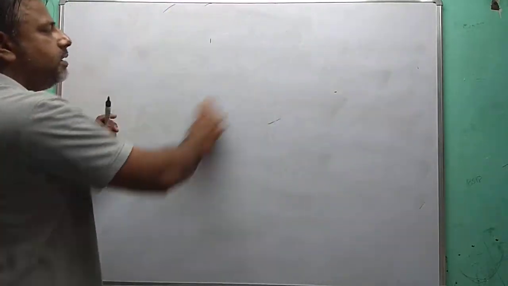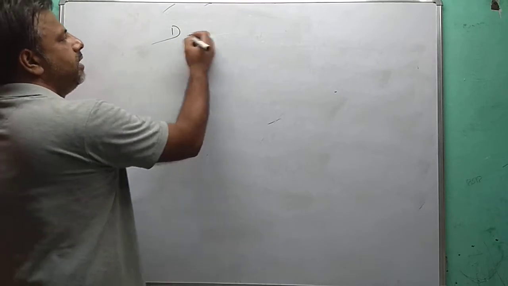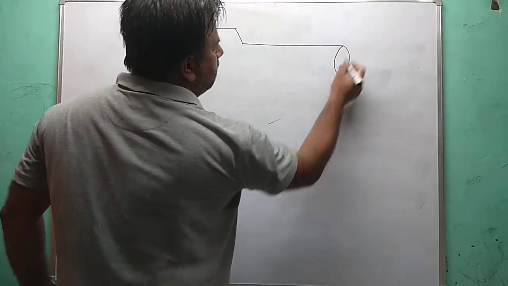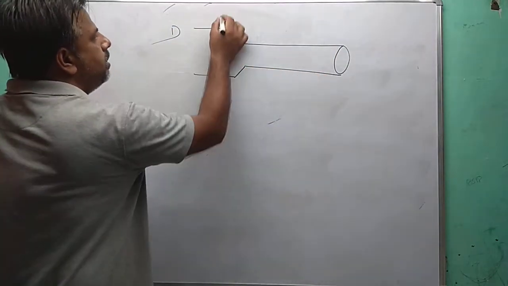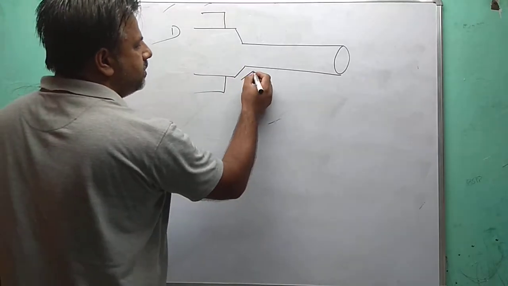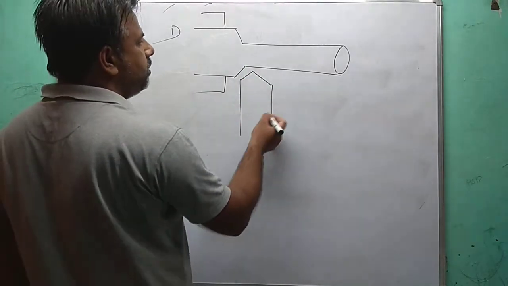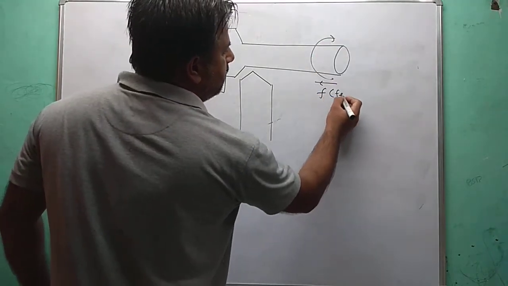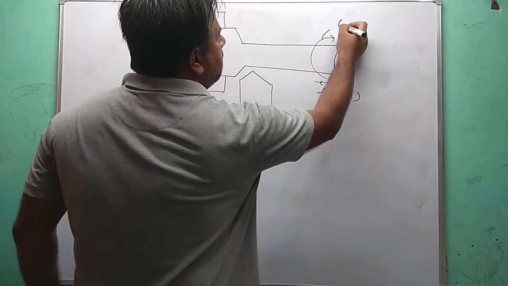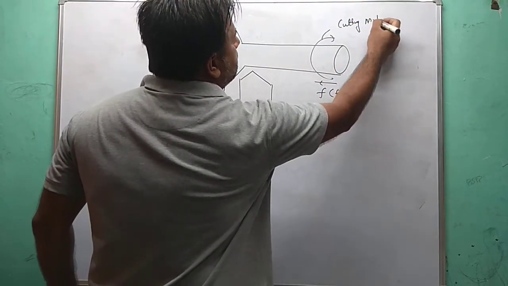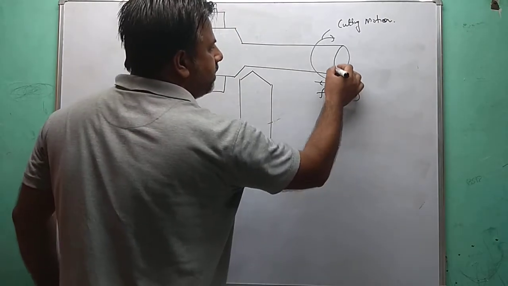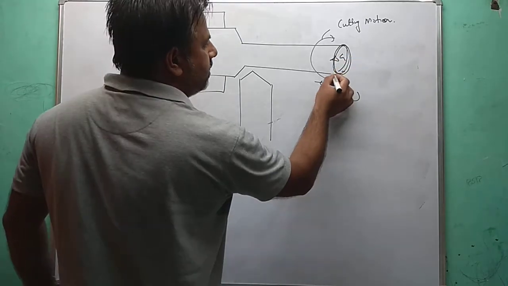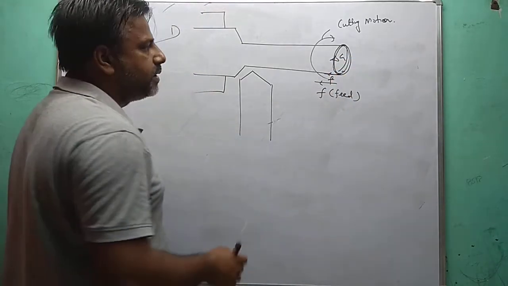The turning operations. First example is the lathe machine turning operation, like this. Holding device is here. This is my cutting tool, a single point cutting tool. This is the cutting motion and this is the feed motion. Feed means mm per revolution.